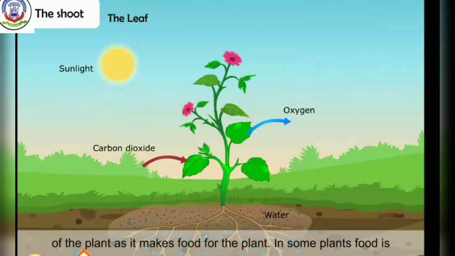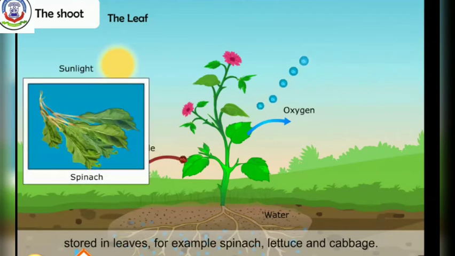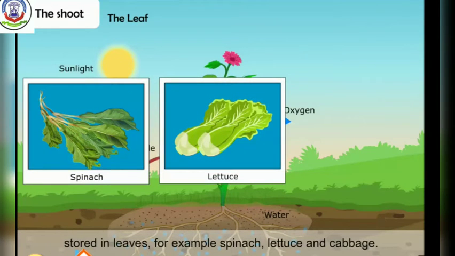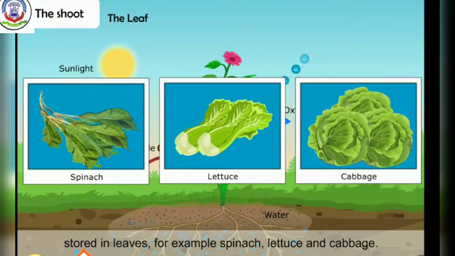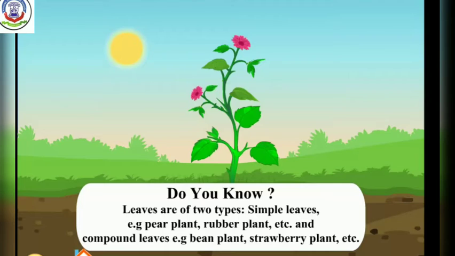In some plants, food is stored in leaves, for example spinach, lettuce, and cabbage. Do you know? Leaves are of two types: simple leaves, example pear plant, rubber plant, etc., and compound leaves, example bean plant, strawberry plant, etc.